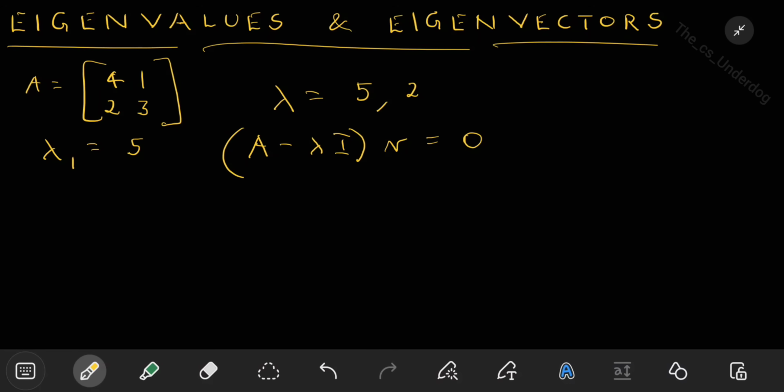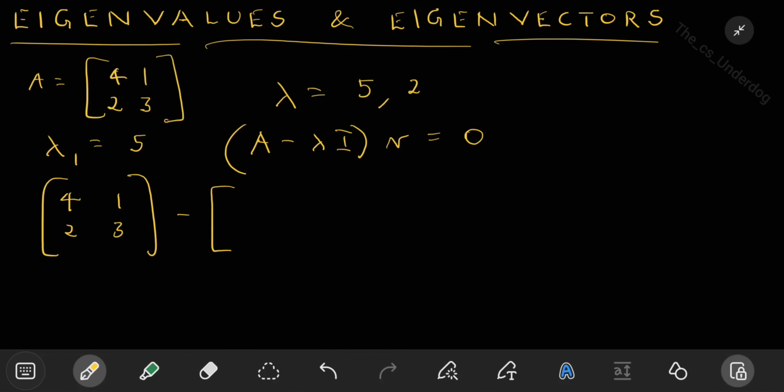So let us find this out. A minus lambda I: A is 4, 1, 2, 3, minus lambda I. Lambda I is the identity matrix times lambda, and lambda is 5 here. You are using the value 5 because you're finding the eigenvector corresponding to the eigenvalue 5.